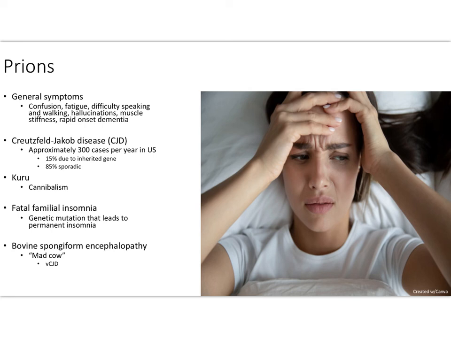And so before this, it was not well known whether prions could be transmitted from animal to person, but this situation really showed us that it is possible to obtain prions from animals, especially through food production and food consumption.